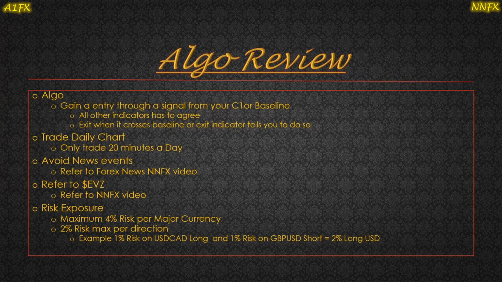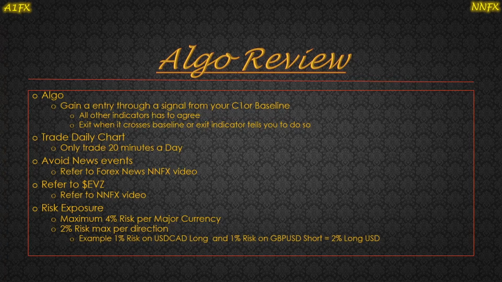An example of this is, say you have 1% risk on USD/CAD long and 1% risk on GBP/USD short, and net that is 2% long on the USD. Now most of y'all should know this, but for the people that don't understand why it's like that, it's because whenever you go long, you are buying, or you're hoping that the first currency grows stronger and that the second currency, the one that it's crossed with, grows weaker.